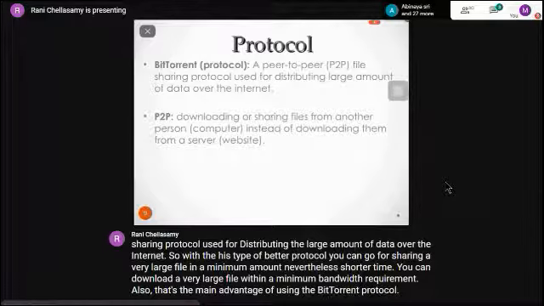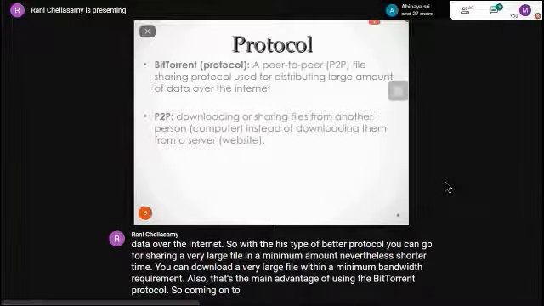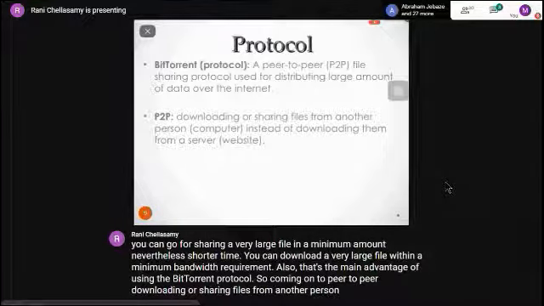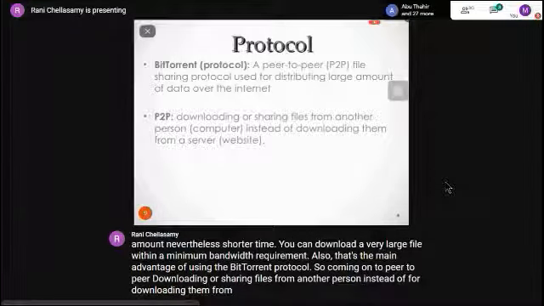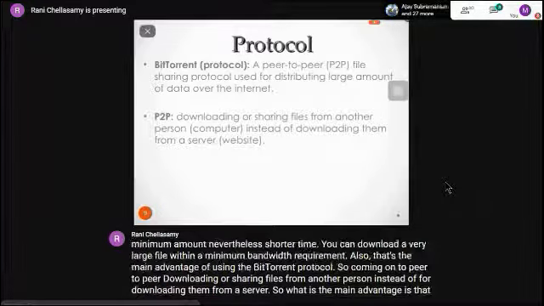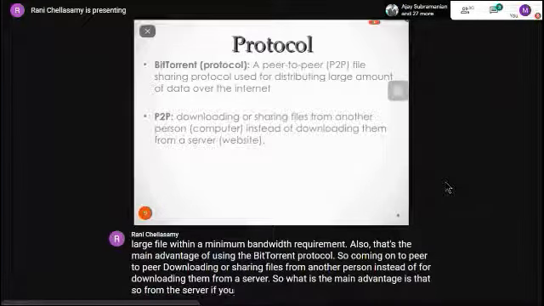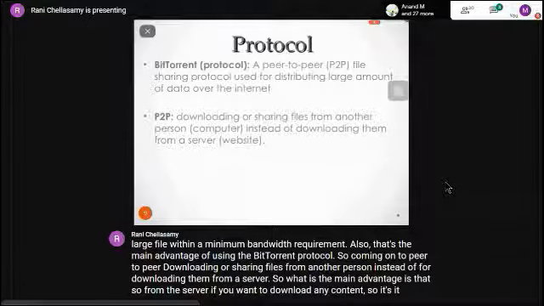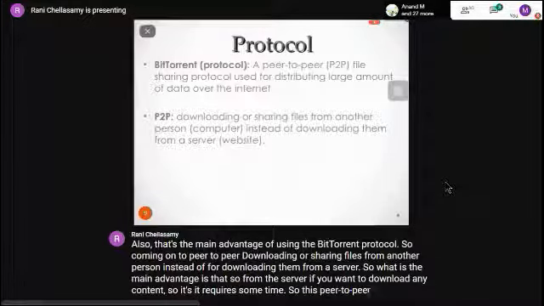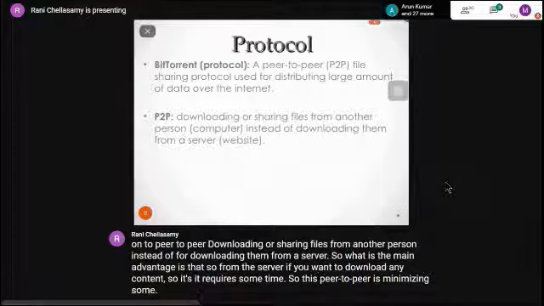Coming to peer-to-peer, it means downloading or sharing files from another person instead of downloading them from a server. The main advantage is that downloading content from the server requires some time, so peer-to-peer minimizes the retrieval time from the server.